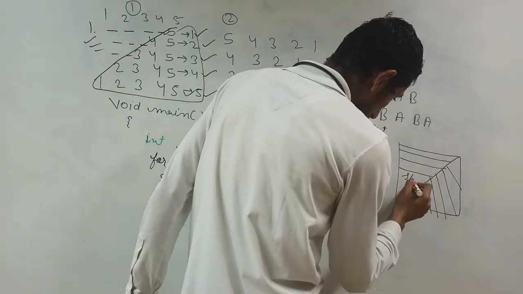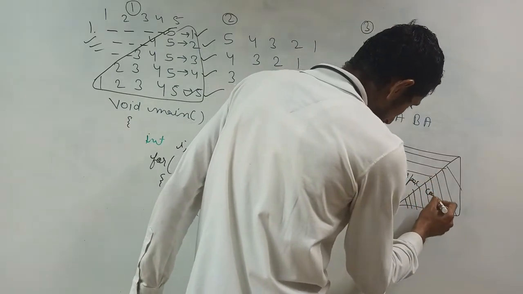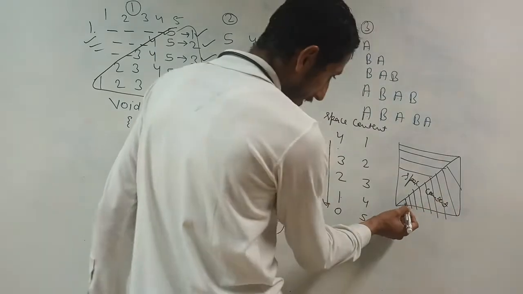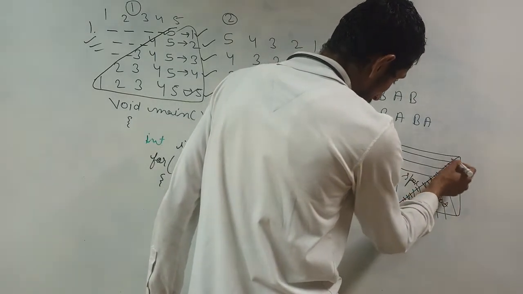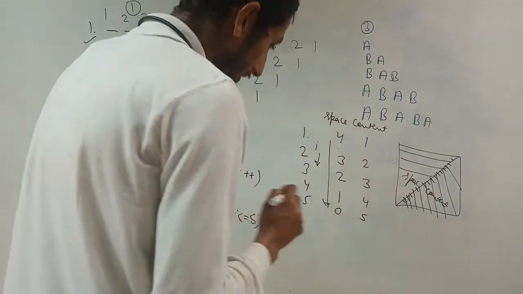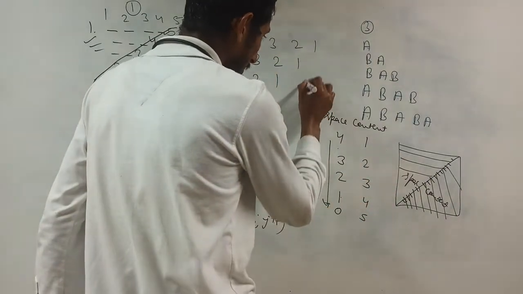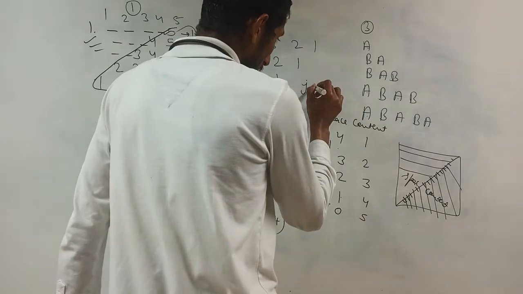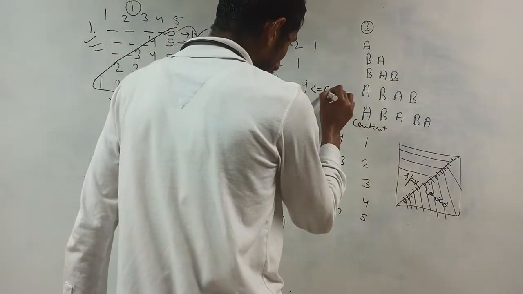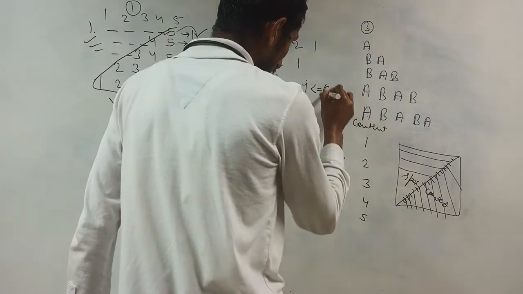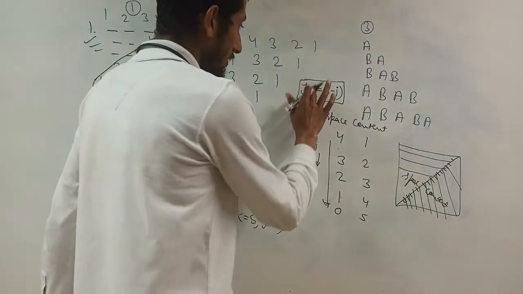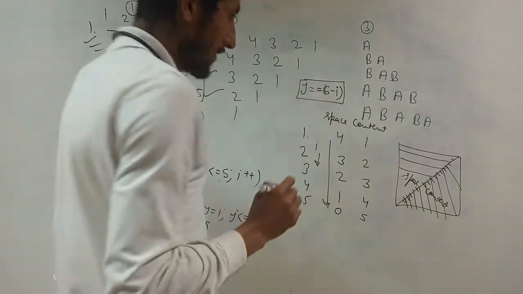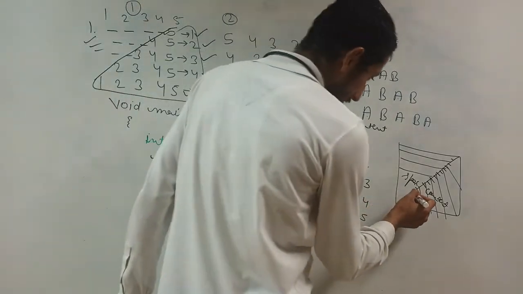That is for space and that is for content. So if you calculate the equation of this line, the equation is: value of j greater than or equal to 6 minus i. Please pay attention: j equals 6 minus i. That is the equation of this line.